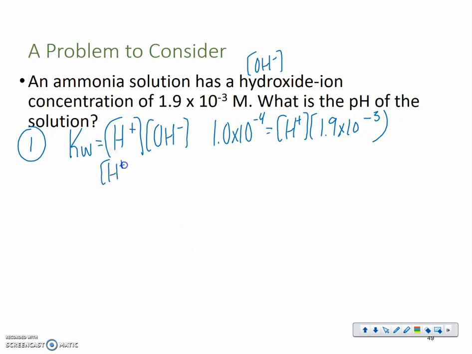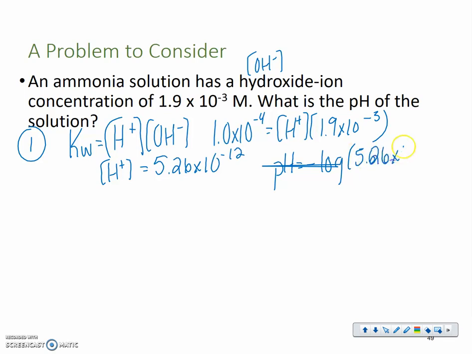Solve for your hydrogen ion. And then plug that into the pH formula. And you'll get a pH of 11.3.